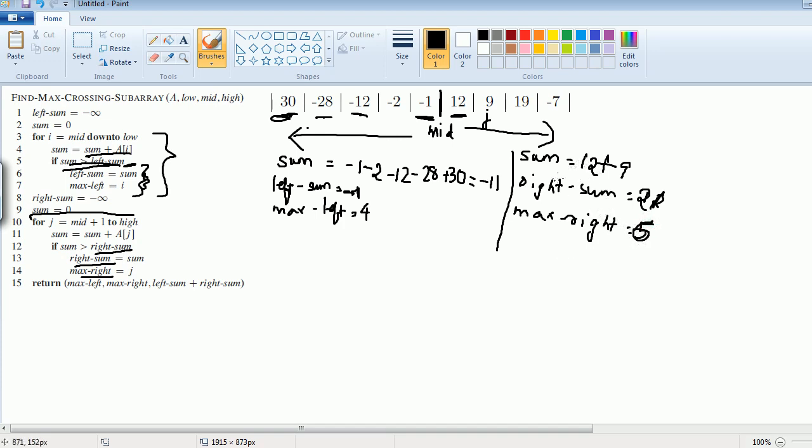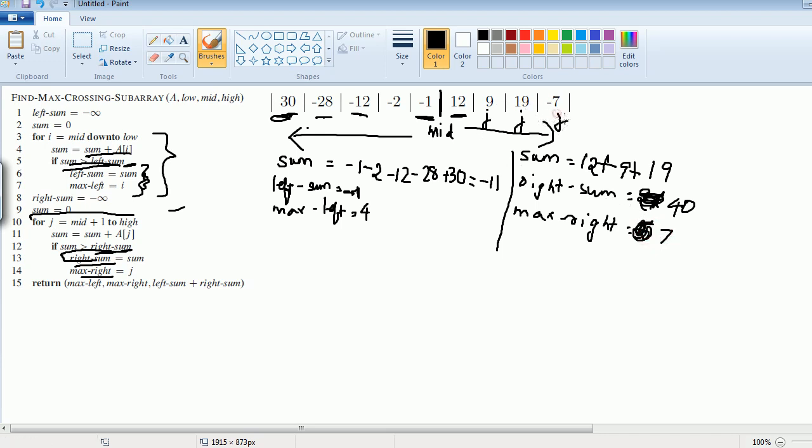Then next, j is here. It's going to add 19 to sum, which is 40, and is 40 greater than right sum, which is 21? Yes, so right sum is going to be 40, and max right index is going to be 7.